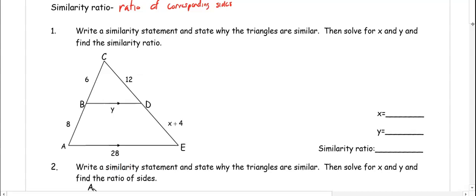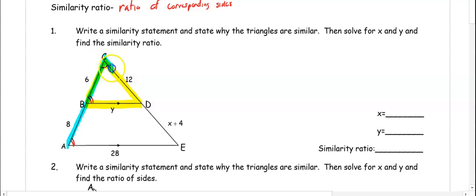So if we look at these triangles, we see that these two lines in the middle and at the bottom have arrows on them, which means they are parallel, which means that angle B is going to be congruent to angle A because they are corresponding angles. We also know that angle C is in both triangles because we have our little triangle and our larger triangle.